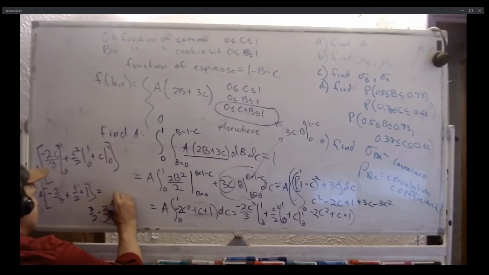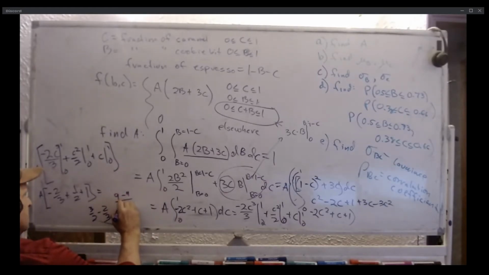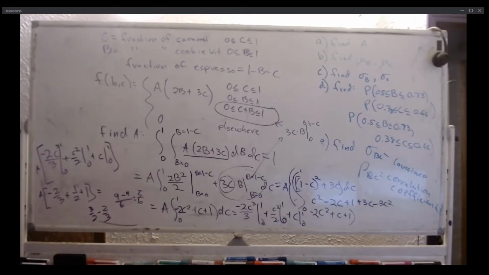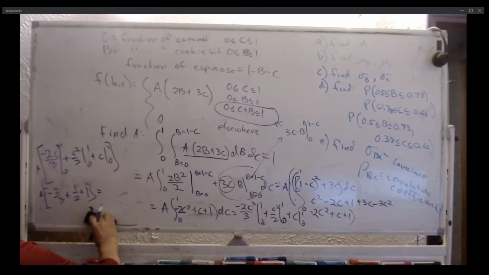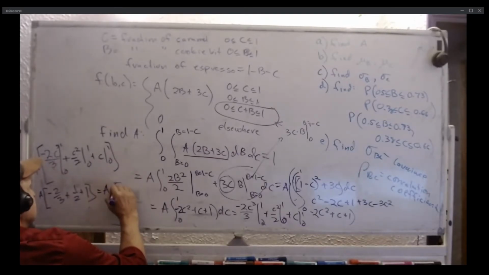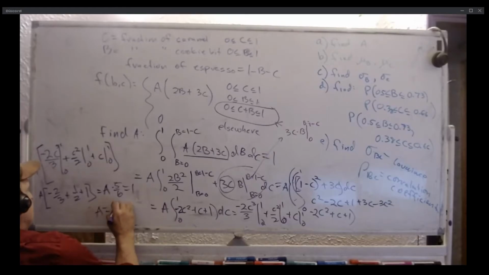Convert it to sixes. I get 5 out of 6. Is that right, guys? Yes, it is. So it equals a times 5 out of 6. This equals 1. Therefore, a equals 6 fifths.